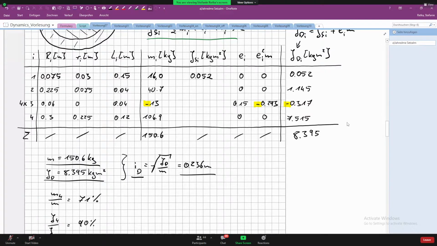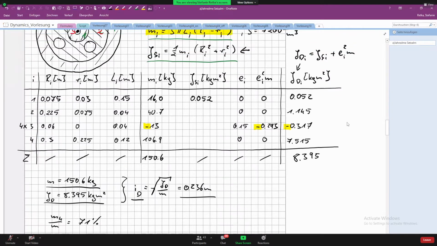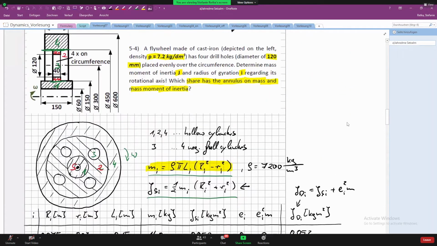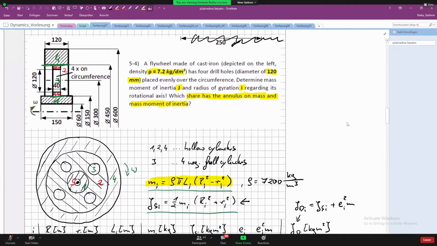Professor, could you please repeat what these percentages signify, the 71% and 90%? That's the share of the mass M4, the annulus, the outer wheel, on the entire mass of the system. And same for the mass moment of inertia. Due to the size of this outer wheel, subsystem number 4, and the length of 120 millimeter, the share on the entire mass is significant.